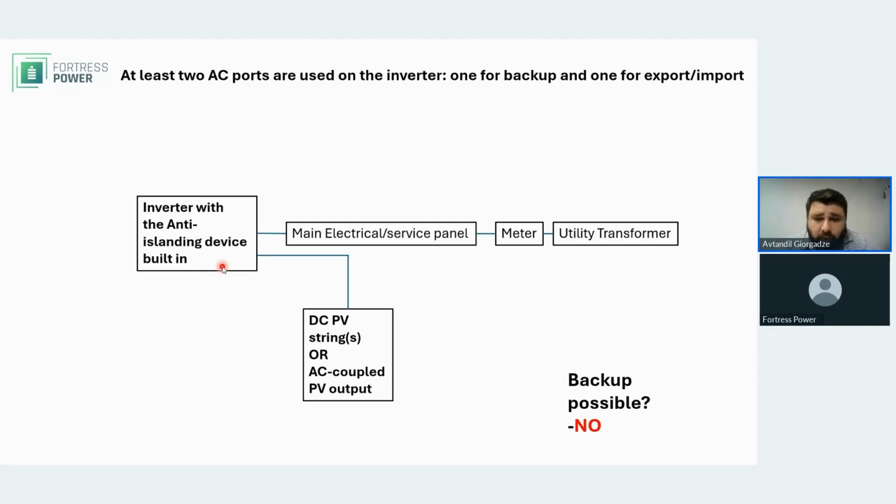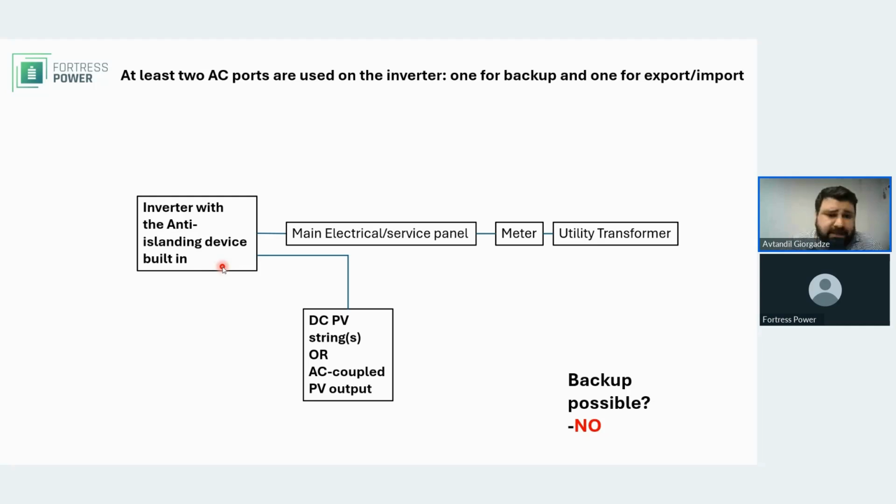And one more approach: when you have two AC ports, one for backup and one for import and export, you can say no to the backup, right? And just have the batteries and the inverters doing arbitrage or export self-consumption, but no backup. So in that case, nothing is connected to the load ports, right?